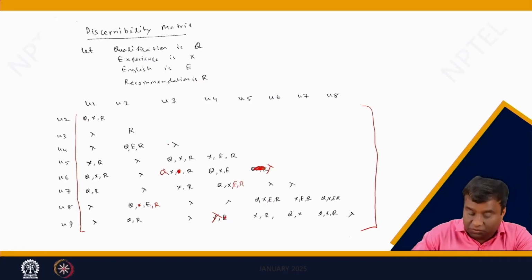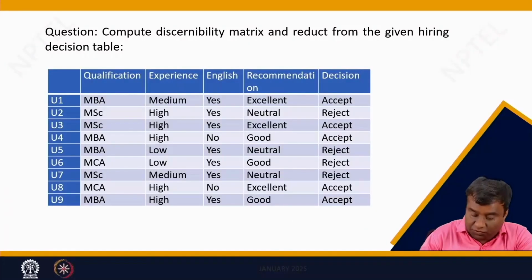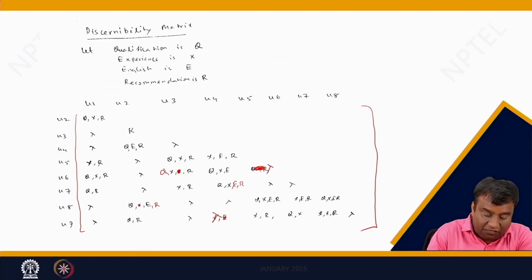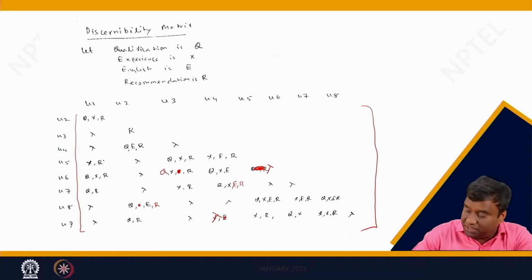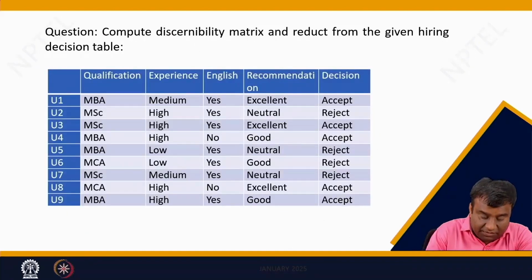And U4 to U3: the decision is same, so this should be lambda. Similarly for U5 and U1, experience and recommendation will be different. So check these things: experience and recommendation are different, rest all are same.